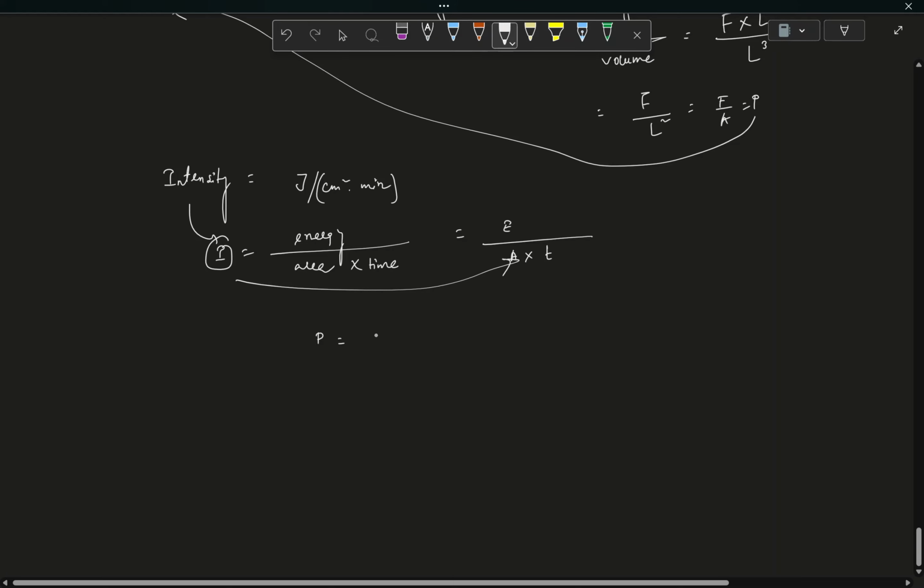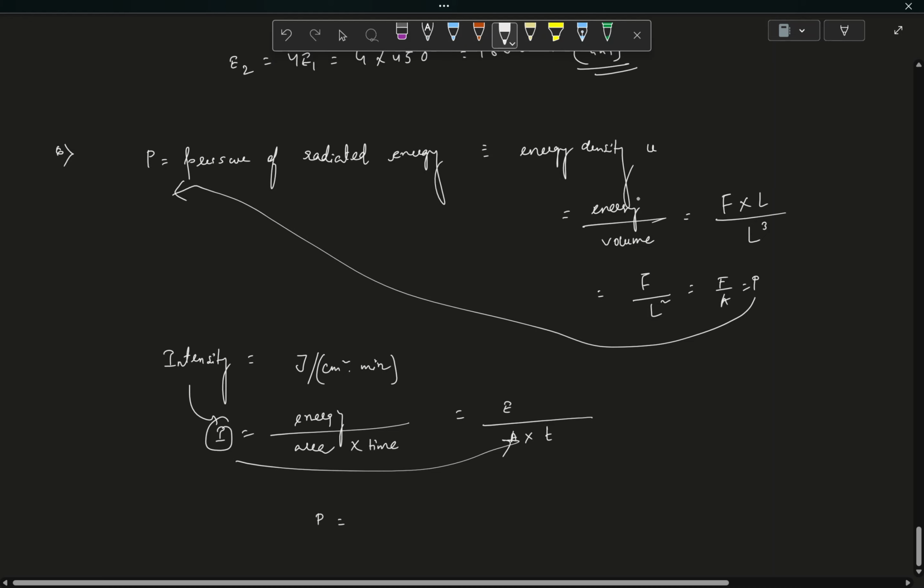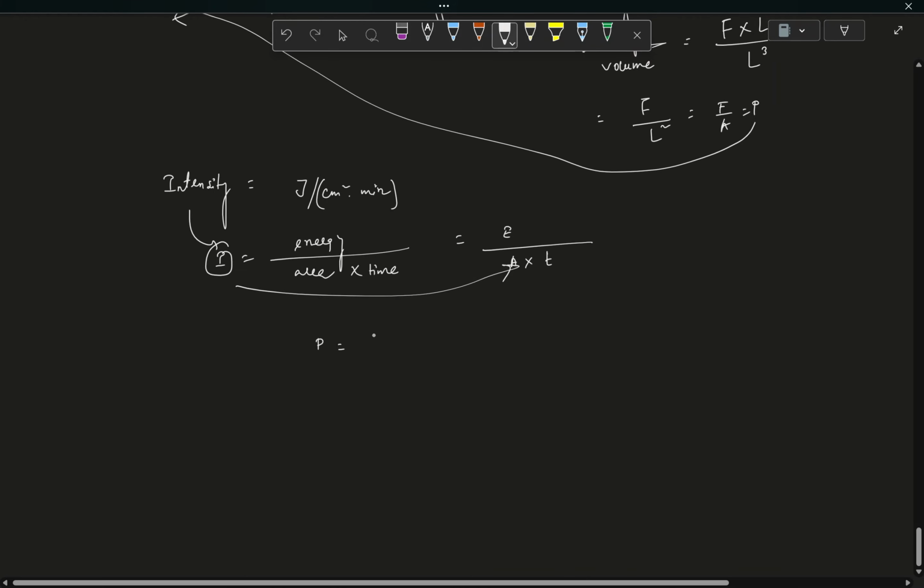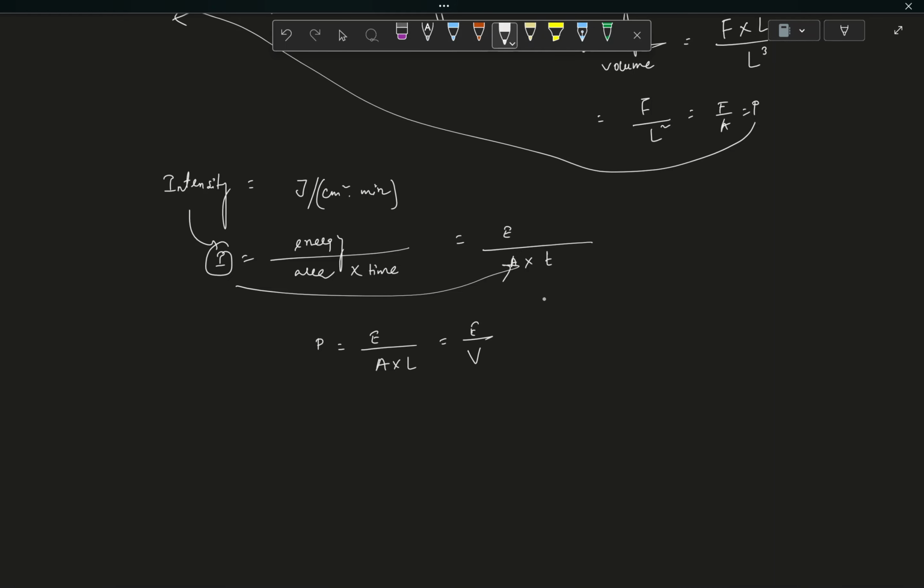But to get radiation pressure, you know that the formula is energy density's dimension, which is energy by volume. That means it should be E by A into length, so that it becomes E by V. But here in the intensity you have E by A into T. So how to connect these two?